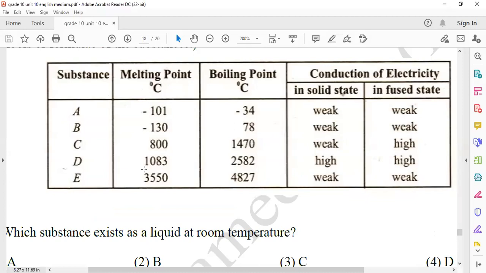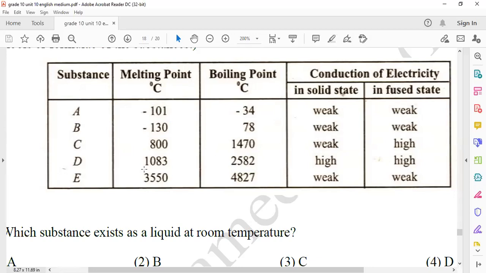In that case, can you decide whether A, with the melting point and boiling point given to you, and B, with its melting point and boiling point given to you, are physical states?